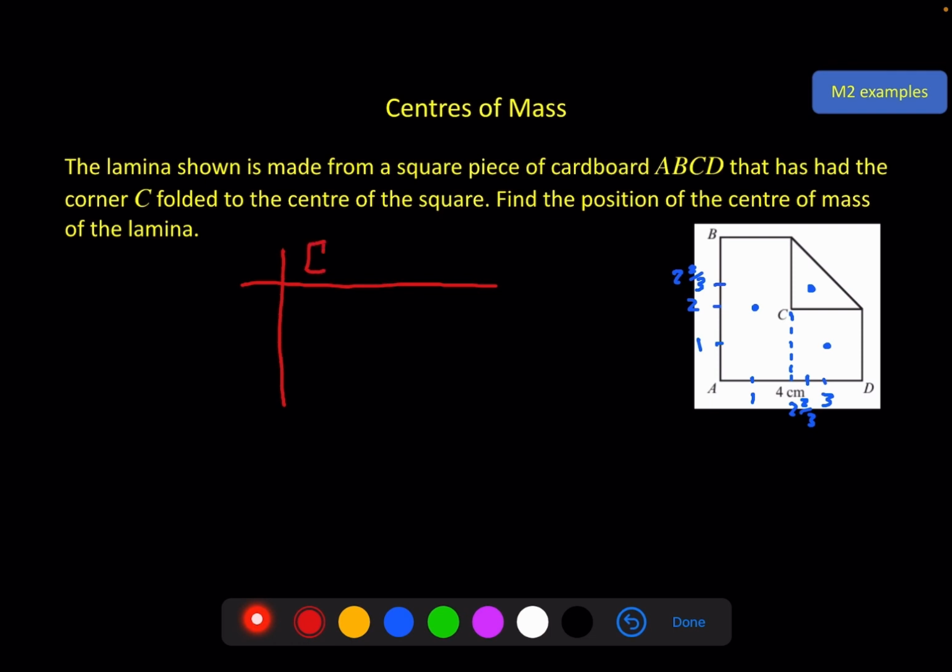Now I draw up my table. We've got the rectangular section, the square section, the triangular section, and then the final lamina, like this.